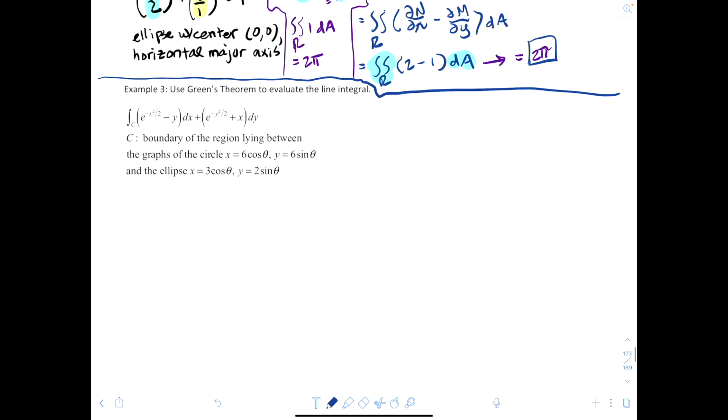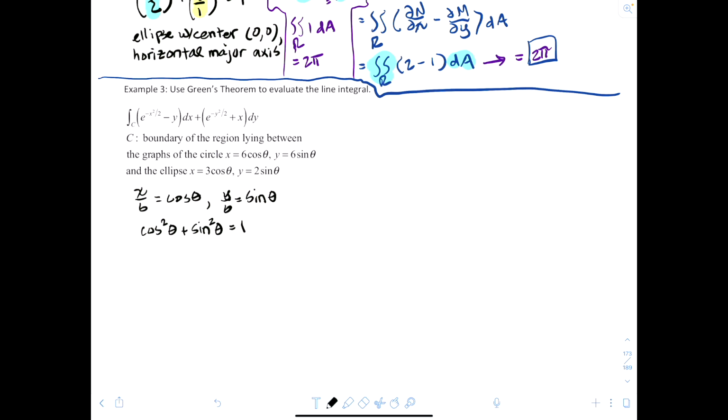So basically, you've got this circle. Let's do a little work on this. You've got a circle where x equals 6 cosine theta. You would have x over 6 is cosine theta. And similarly, y over 6 is sine theta. And remember, cosine squared theta plus sine squared theta is equal to 1.